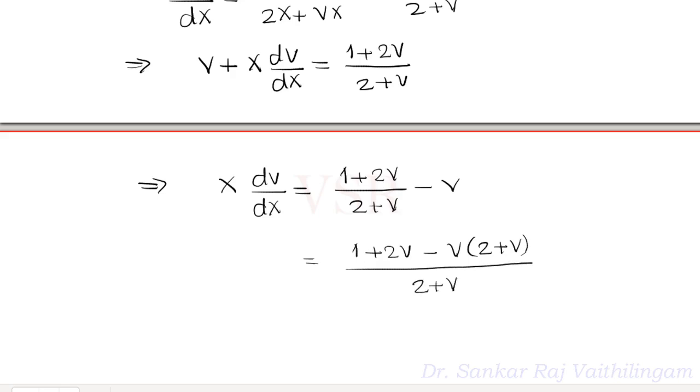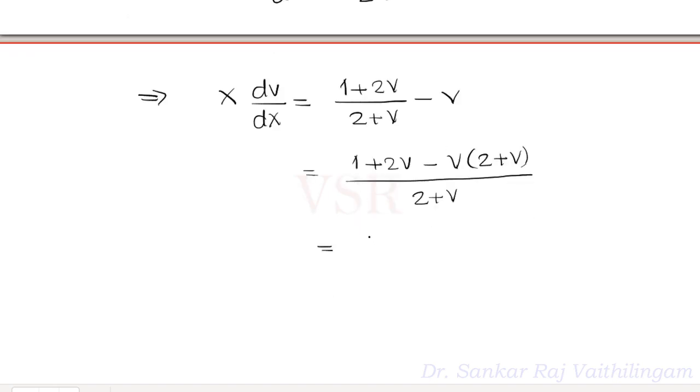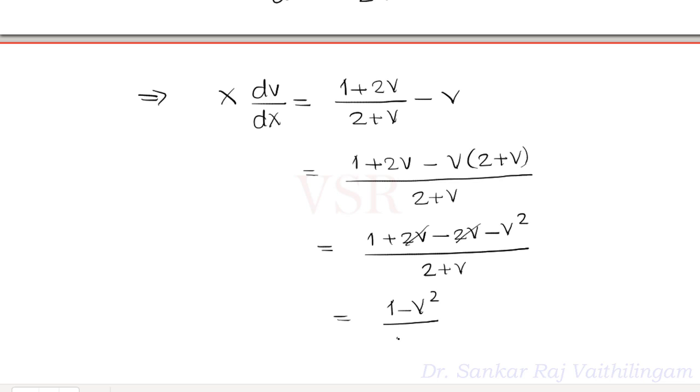So that is equal to 1 plus 2v minus 2v minus v square divided by 2 plus v. அப்போ இதுவும் cancel ஆயிரும். So this is equal to 1 minus v square divided by 2 plus v. அப்போ இதை கொண்டு போயிடலாமா?